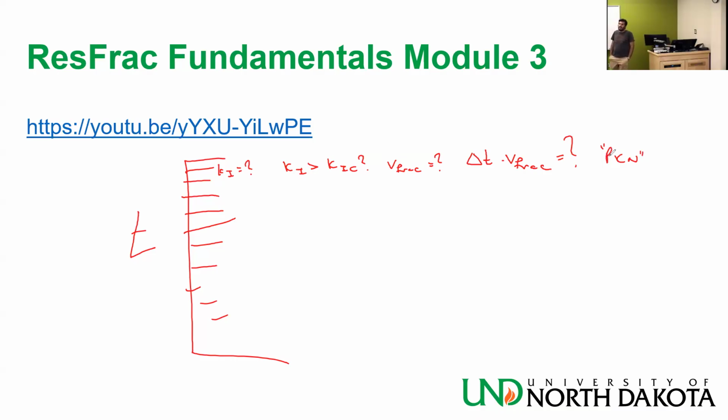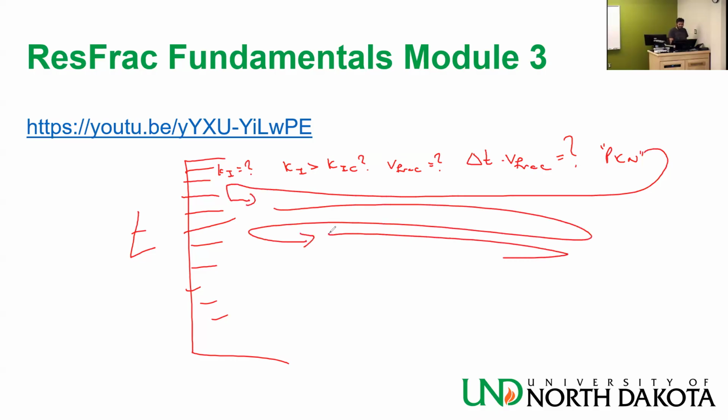I have the height, I have the length, and then I use it to find the width. V-frac is the velocity at which the fracture is moving. In a three-dimensional or two-dimensional simulation, it's going to be length and height. Then I can use a pseudo 3D model to get the width. So then I have the new fracture geometry at every time point, and then I go to the next time step, and the next, and the next.